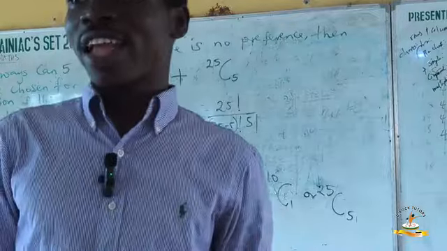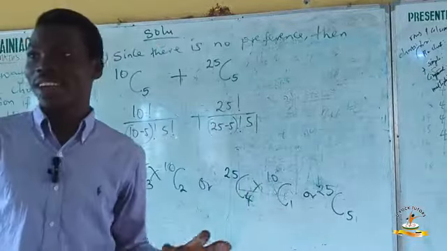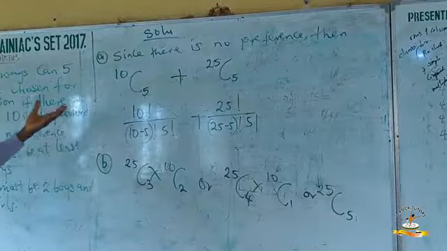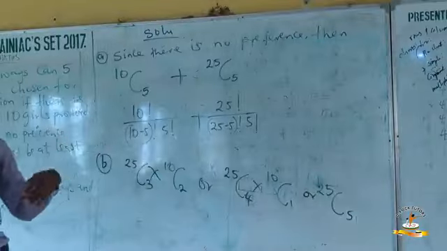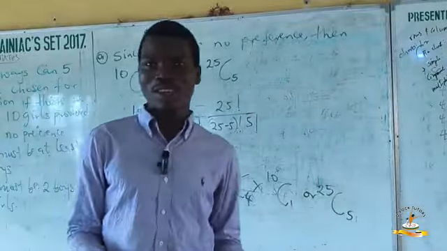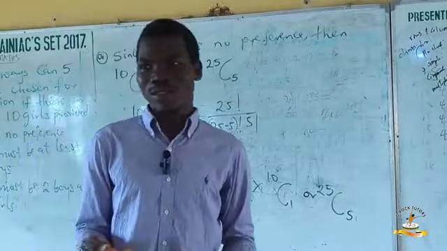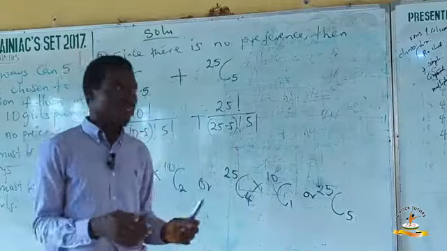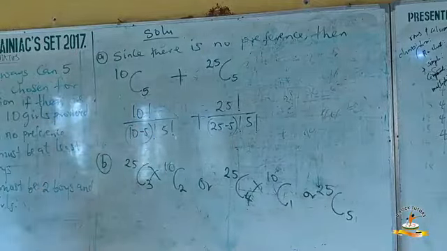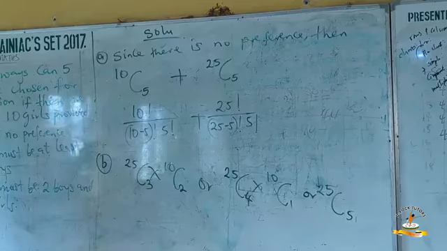I just limited this case: you can go for all the boys, all the girls, or you start choosing 3 boys, 2 girls, 3 girls, 2 boys, and what have you. But I only simplified and stopped at this level. So if there is no preference, it's at your choice.